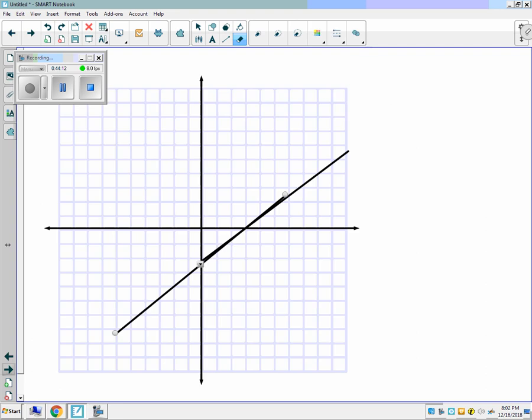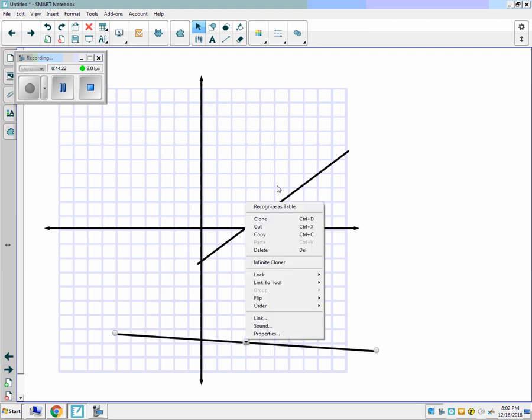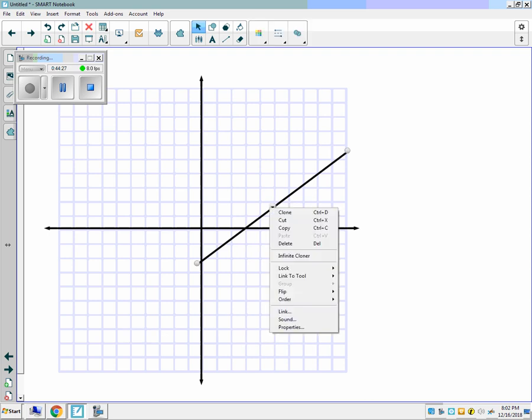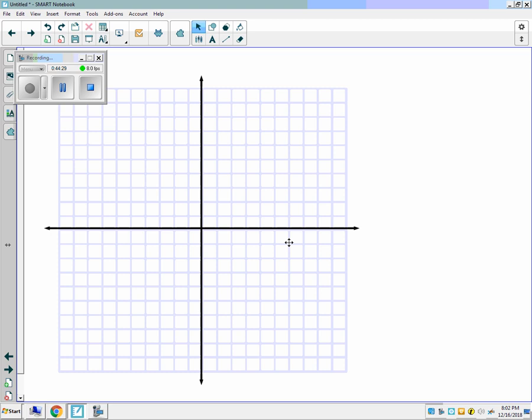Oh, I thought you did something. Hold on. We just activated something. Don't clone it. There we go. He activated the mouse.